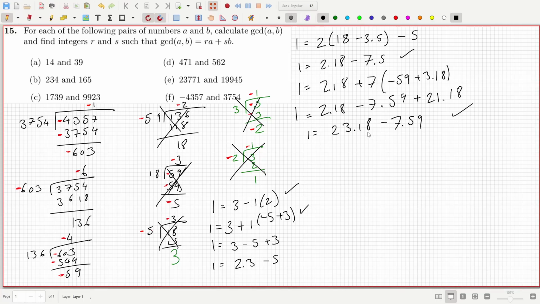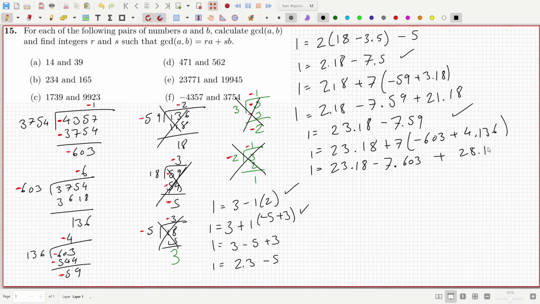Okay, now what have I got to replace now? The 59. So that's 1 equals 23 times 18 minus 7 or plus 7 times the minus 59, which is minus 603 plus 4 times 136. So that's 1 equals 23 times 18 minus 7 times 603 plus 28 times 136.